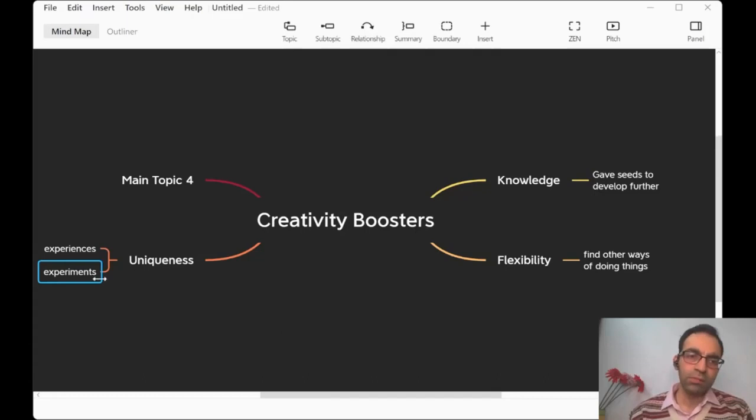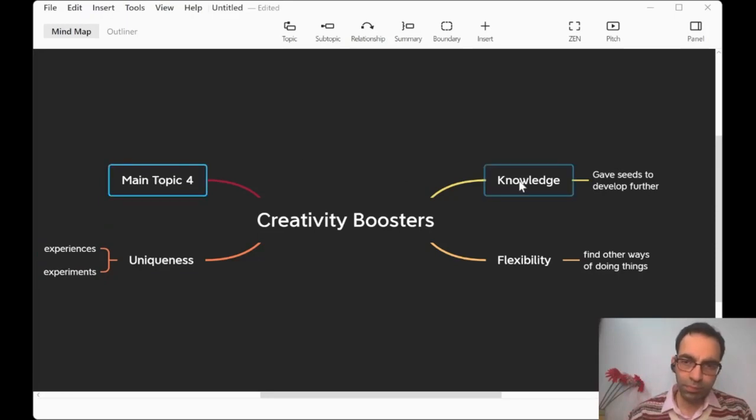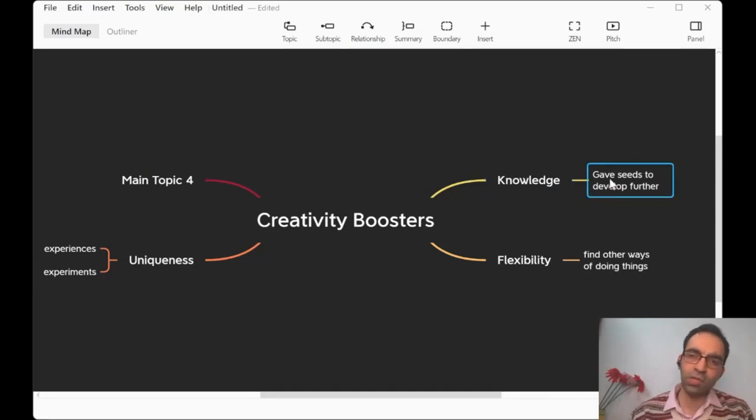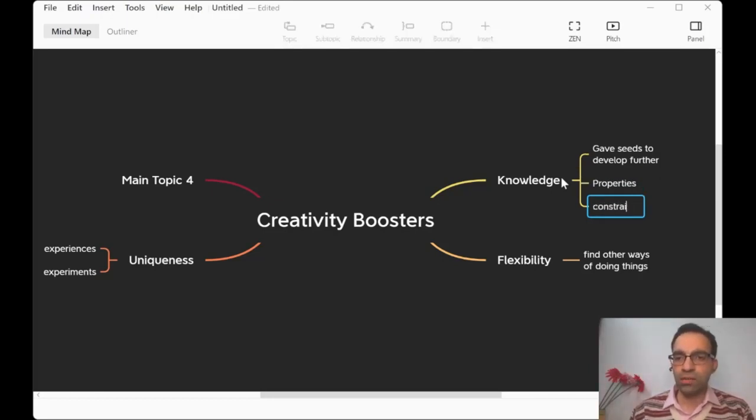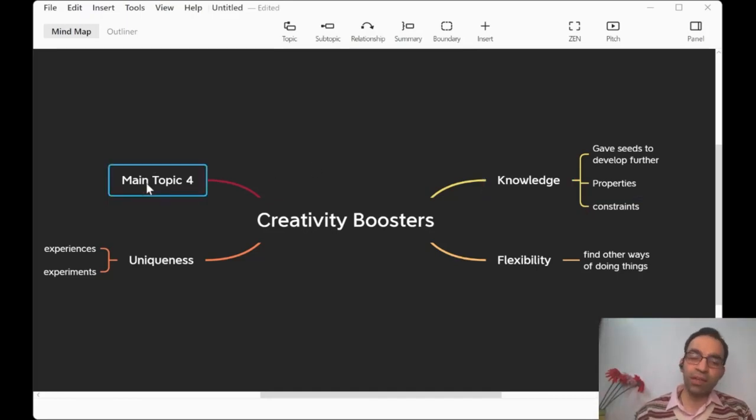By evaluating the properties of the tool itself, let's say baking soda, it can be used as a fire extinguisher when it gives out CO2. So we can put that in knowledge itself. Basically properties, constraints, etc. In any situation when we want to be more creative and come up with ideas, there is another thing, value.